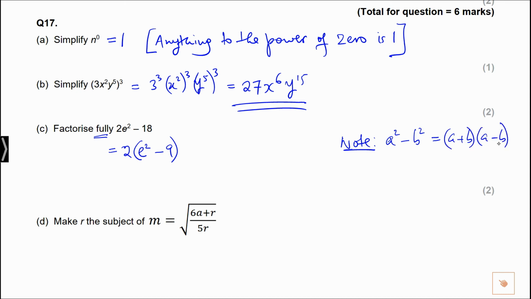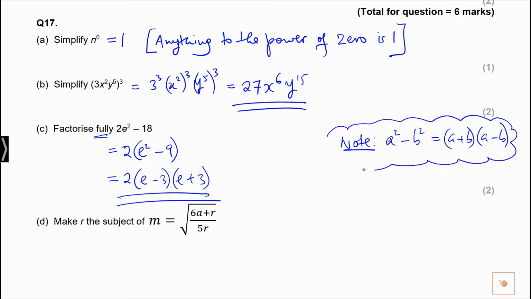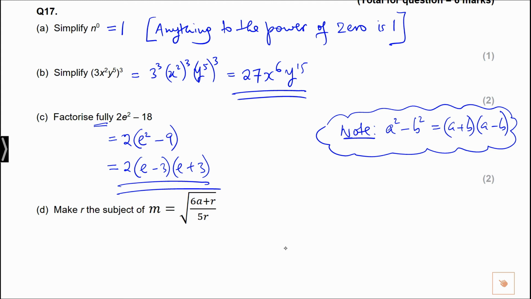And this is called difference of two squares. So that's what you're going to apply here. So this will be equal to 2 into e minus 3, e plus 3. And that's what is implied by you need to factorize fully. Otherwise, if you don't apply that, you won't have factorized this fully.